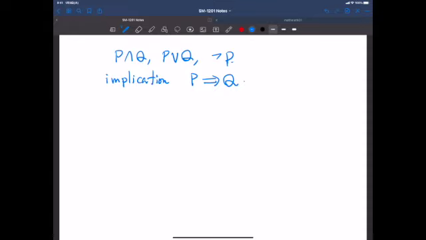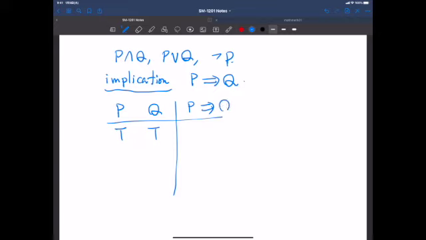And so the definition is, if we have P and Q, true, true, then P implies Q is true, right? And if P is true and Q is false, then P implies Q is false.